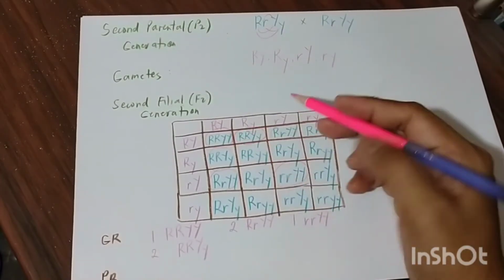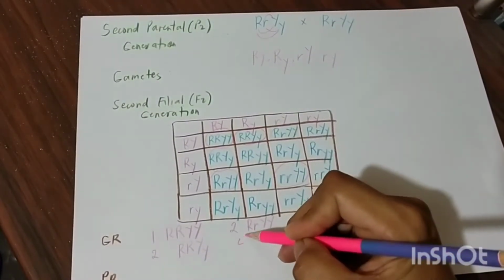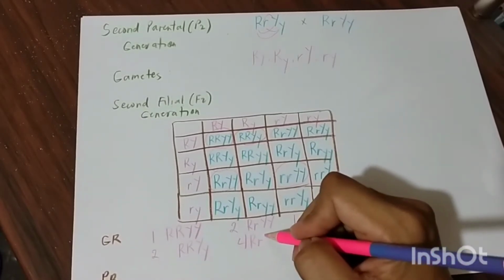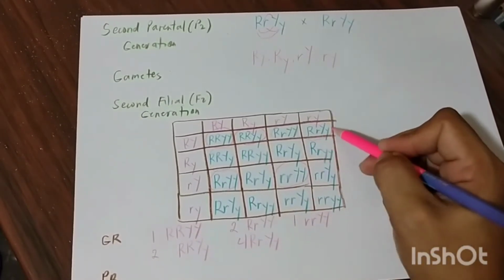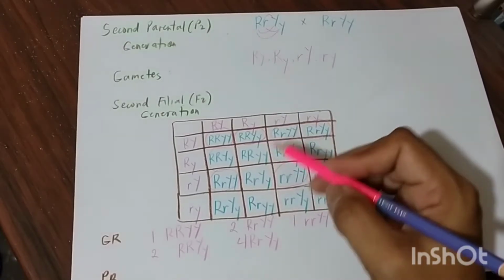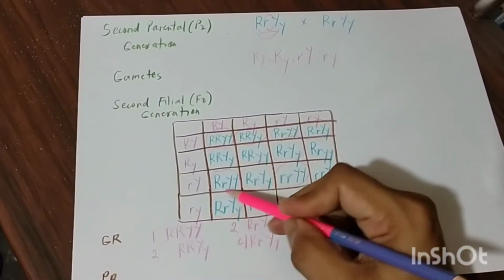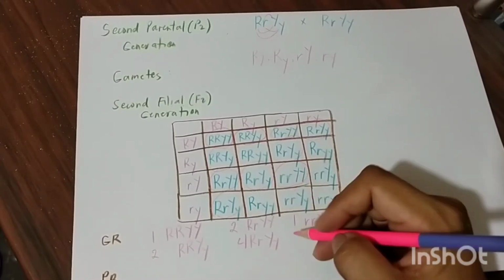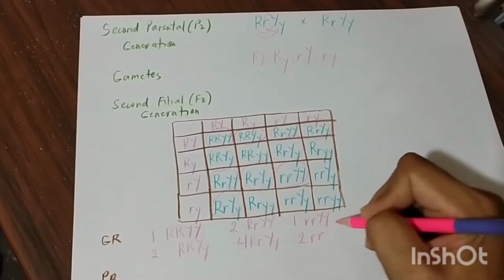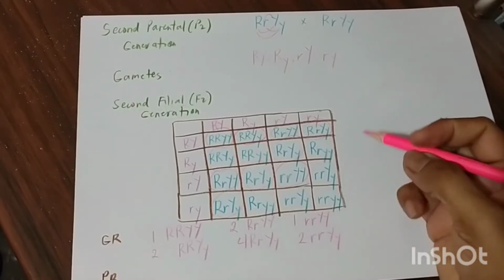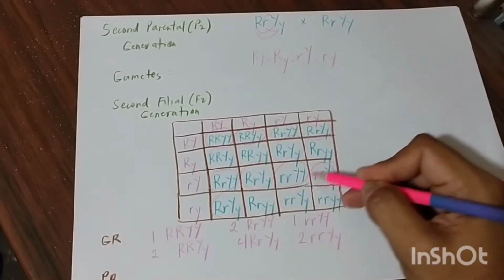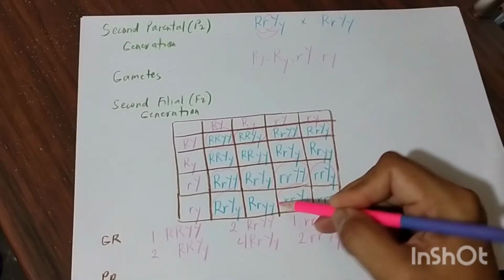This one. Then we have 4 heterozygous round and yellow. We have 1, 2, 3, 4. Next, we have 2 wrinkled yellow, 1 and 2.